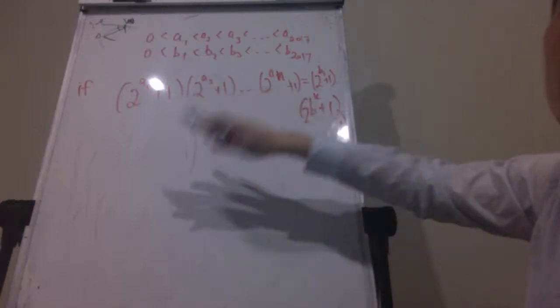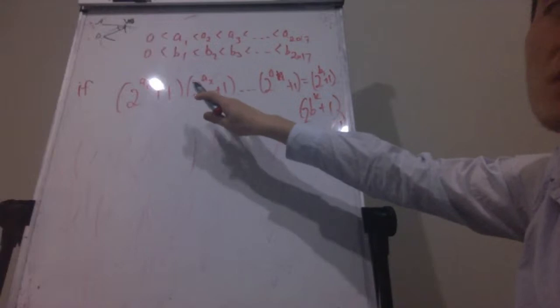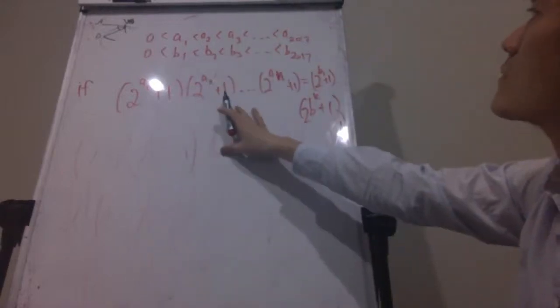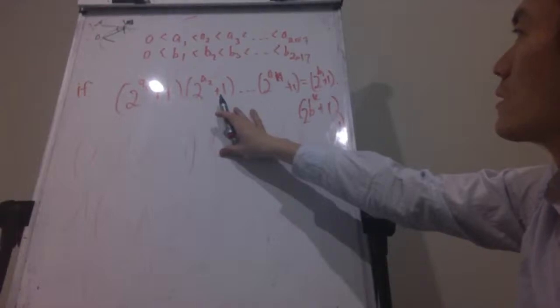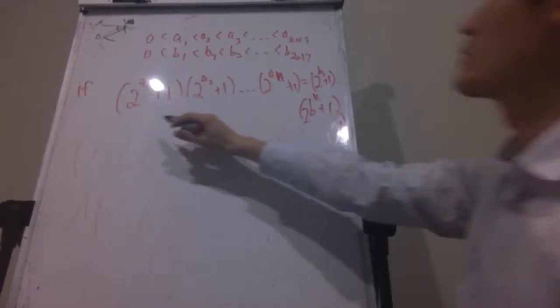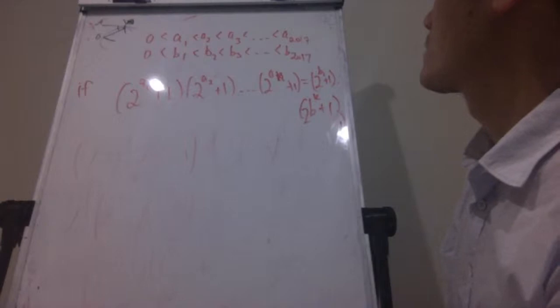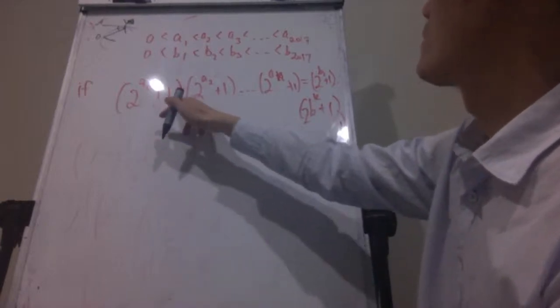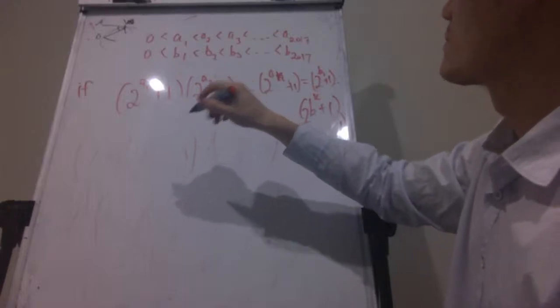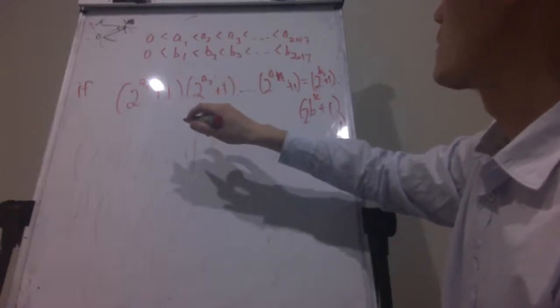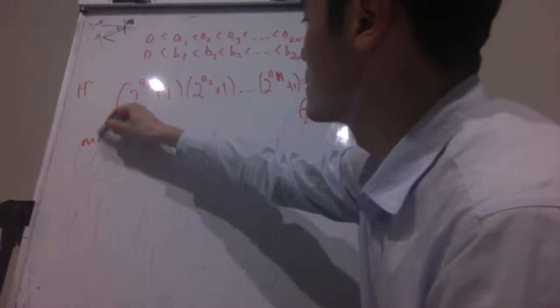Because we showed it works for n equals... we showed it's true for the first 2 cases. Okay, so how do we do it? Let's cancel the ones. So minus 1 from both sides.